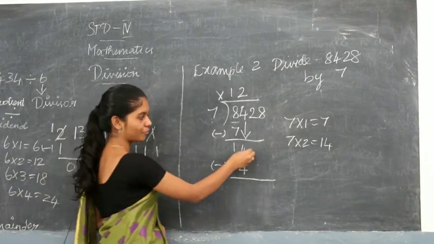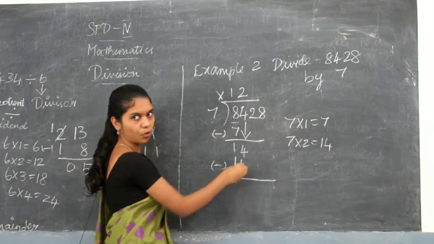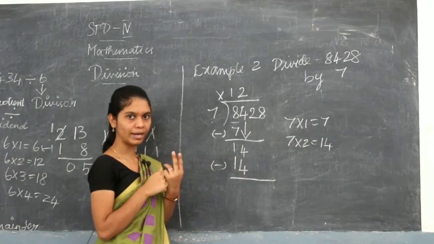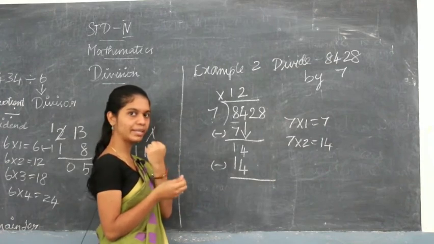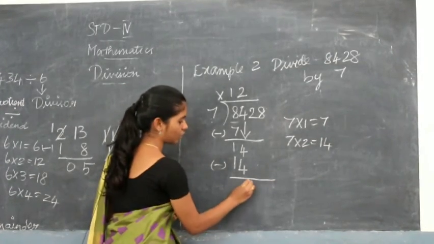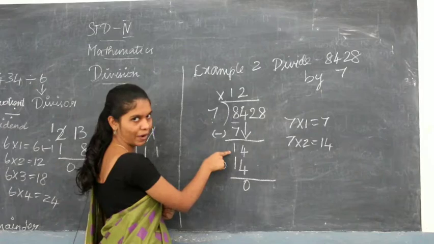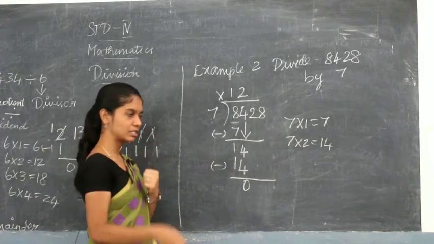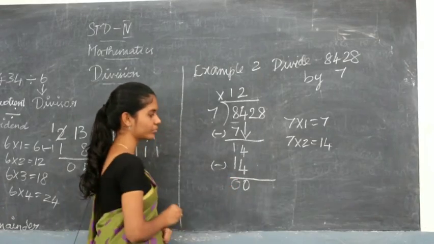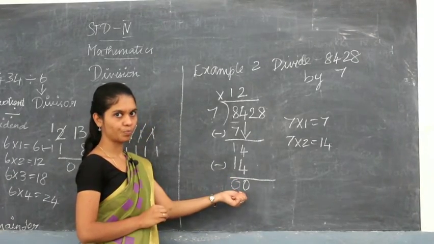Right side corner you have 4 on the top, down also 4. So 4 minus 1, 2, 3, 4. How many is remaining? 0. So 0 you will write. Here you have 1 and down also you have 1. 1 minus 1 is 0 again. So you got 0, right?